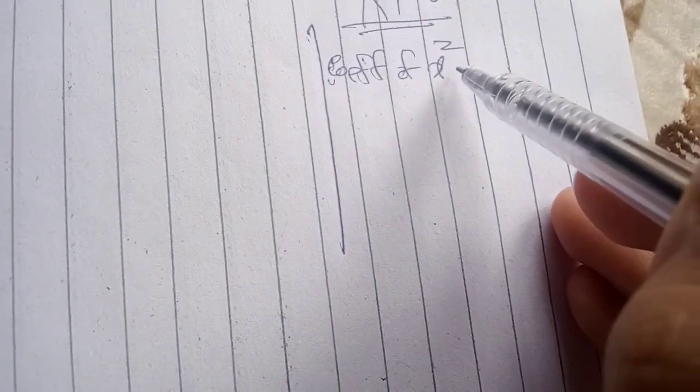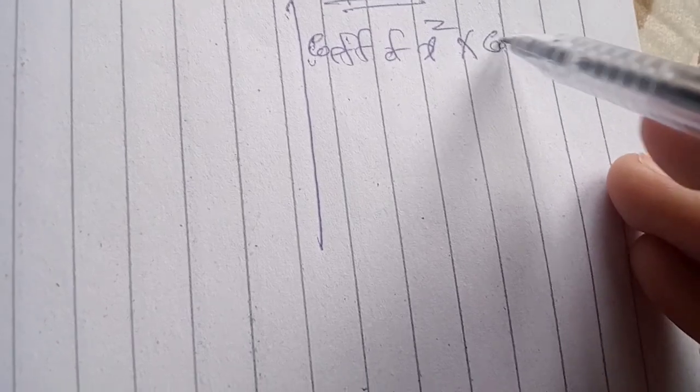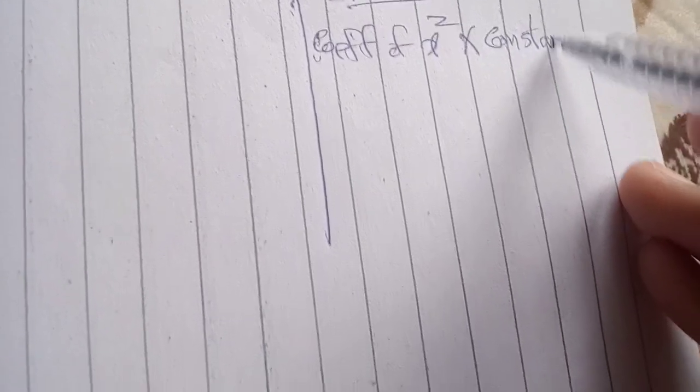For such questions, we create a rough workspace in our copies. Okay, now we take the coefficient of the second order term and multiply it by the constant of the equation.